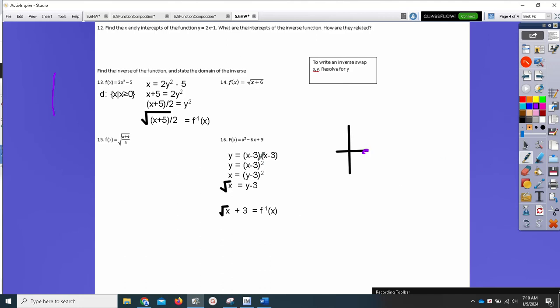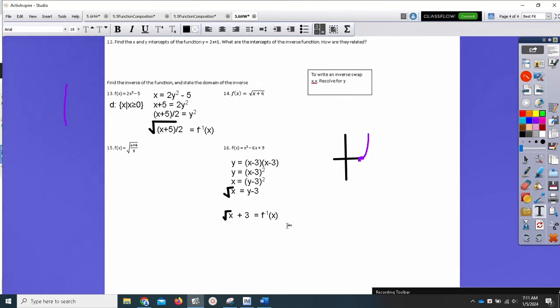Right 3, up nothing, and then it's a parabola. And I don't want to keep the full parabola because the full parabola fails the horizontal line test. So I only keep that piece. That's all I'm keeping. So my domain restriction here is all values of x such that x is greater than or equal to 3.